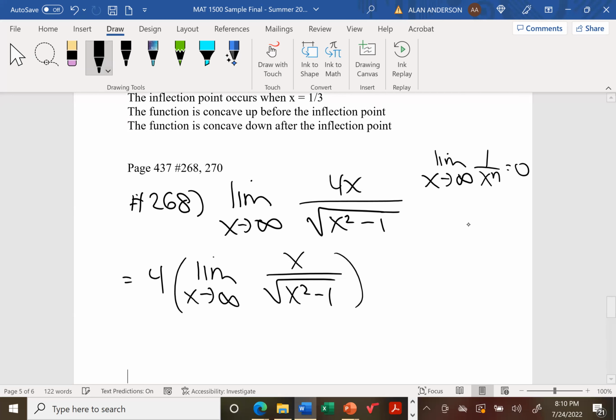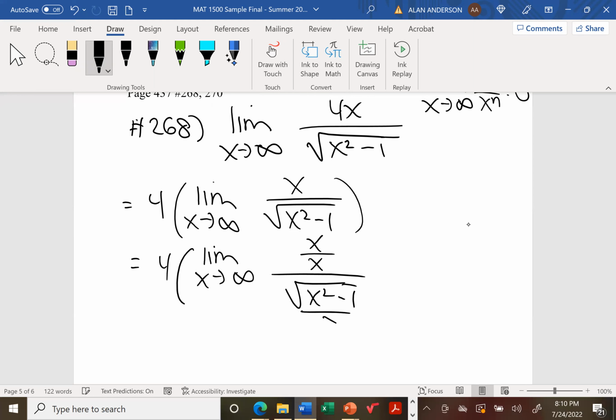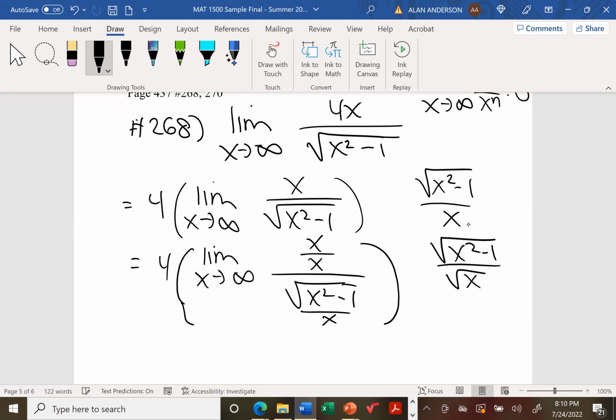So what we're going to do now is something a little strange. We're going to divide, and of course, we're allowed to do this without changing anything. Divide by x in the numerator. Now, the numerator is pretty straightforward, but what's happening here? What you can do is rewrite x as square root of x squared.